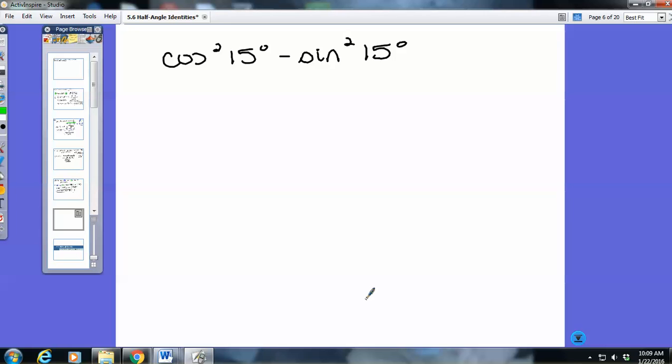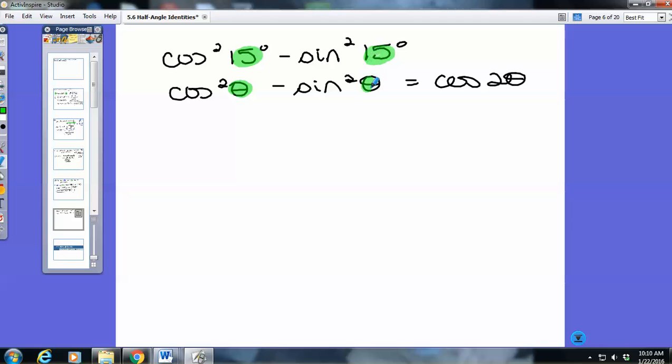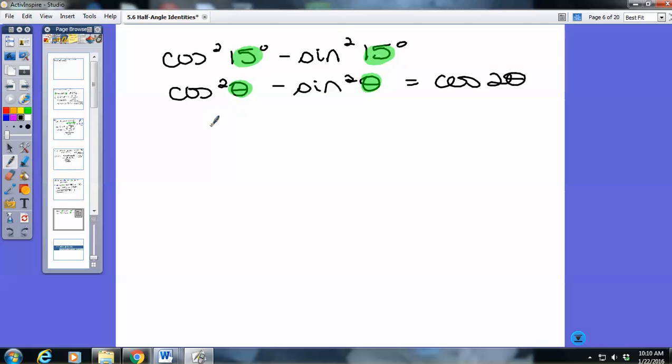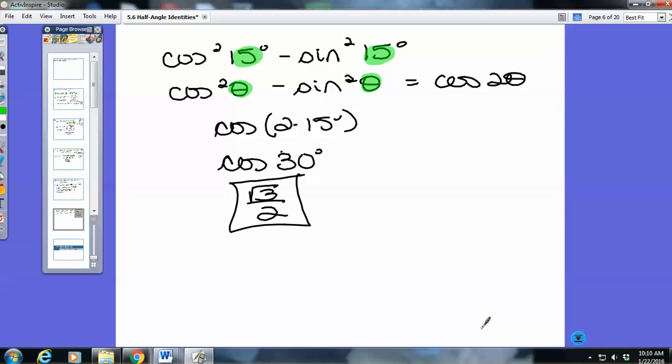So which of your identities has cosine squared minus sine squared? Okay, so in this, my A or my theta is 15. So we get the cosine of 2 times 15. Just cosine 30 degrees. Since it is one off the circle we know, I would want you to go ahead and evaluate it. If it wasn't from the circle, then you could leave it.